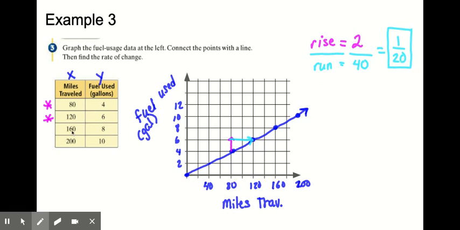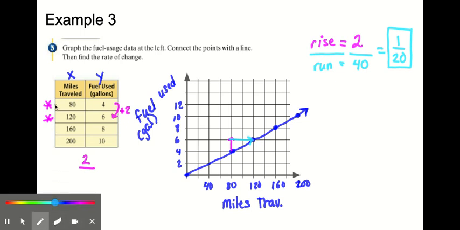So let's look at that doing the table. I see here in my table, I have a rise going from 6 to 4, which is a difference of, actually, let's turn that around so it's positive. Going from 4 to 6, which is plus 2.